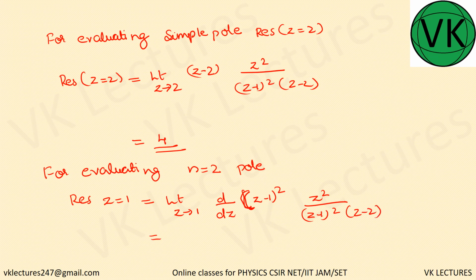So (z minus 1) whole square and (z minus 1) whole square get cancelled.